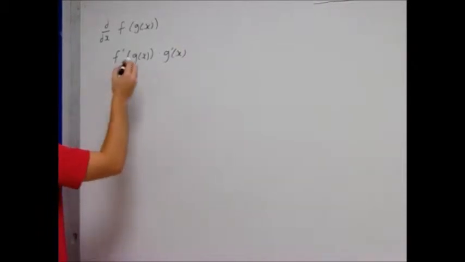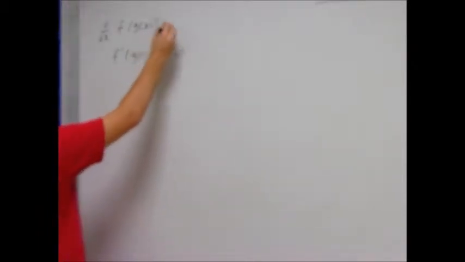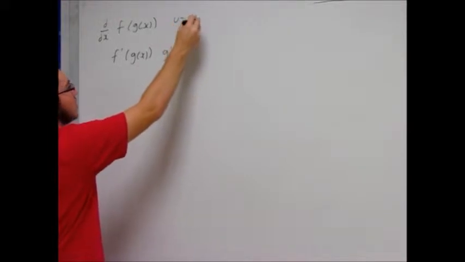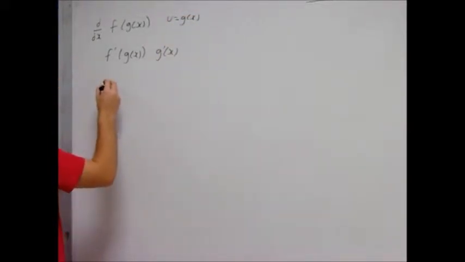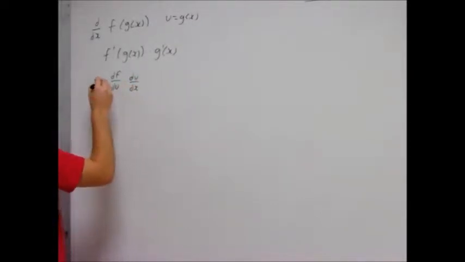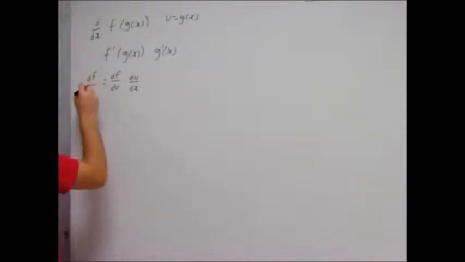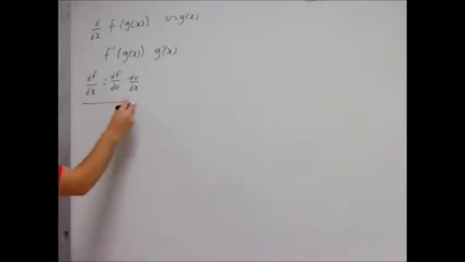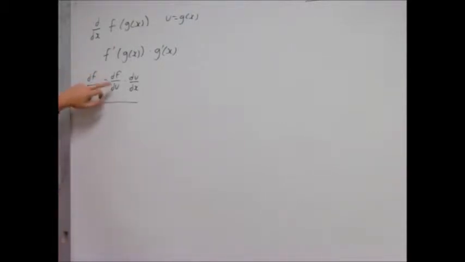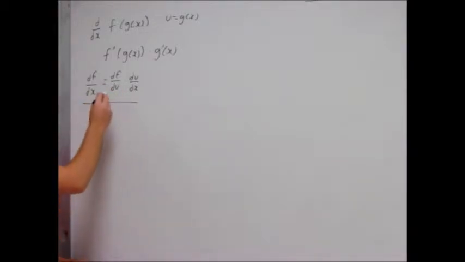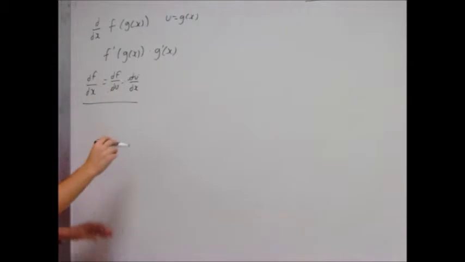Or if we say u equals g of x, then you would have another form of the chain rule: the derivative of f with respect to x is the derivative of f with respect to u times the derivative of u with respect to x. You can see how sort of magically the du's will cancel out, even though that's not exactly what's happening.